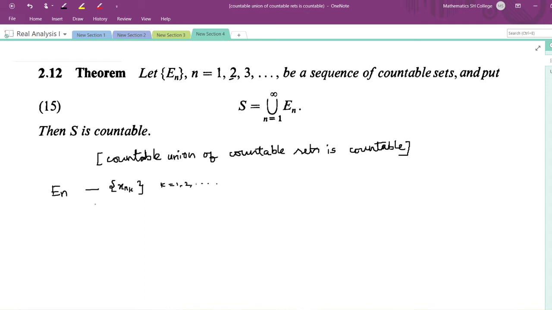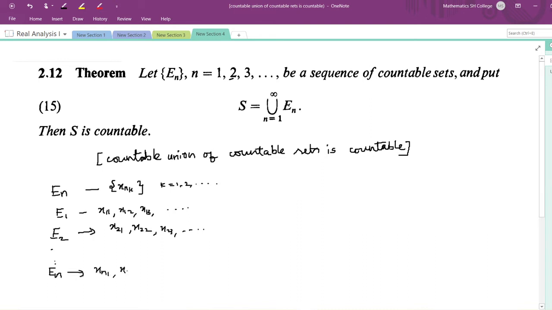So the elements of E1 are nothing but x11, x12, x13, etc. Similarly, the elements of E2 are x21, x22, x23, etc. In this way, the elements of E_n are nothing but x_n1, x_n2, etc. So each E_n is countable, so we have listed out its elements.